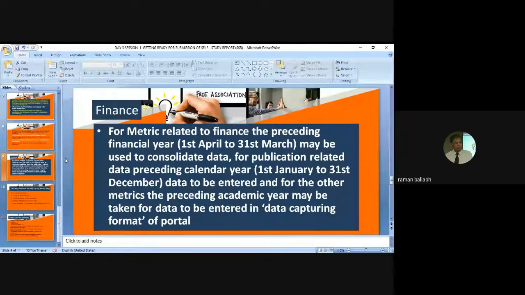Rupal ma'am. Yes, sir. I request you to talk with your finance people this month, whenever you have time. Just ask your finance people what the MCI guideline for purchase is.